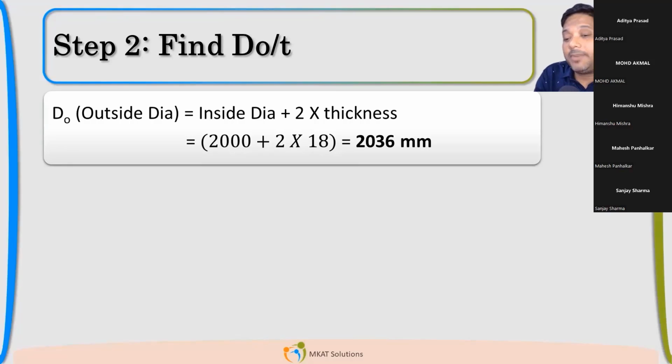People sometimes get confused and think we take 15. 15 is the corroded thickness, I accept that. We assumed 15 mm as the starting thickness, but the OD is not changing, guys. The 18 mm nominal thickness which I took at the start, I rolled the vessel and made the ID 2000. The OD was completely painted and there is no corrosion happening at the OD.